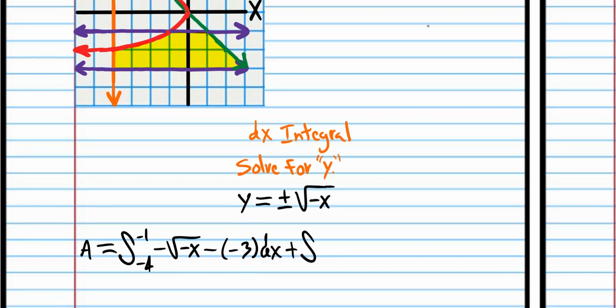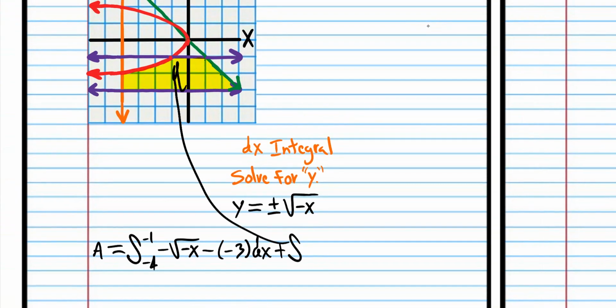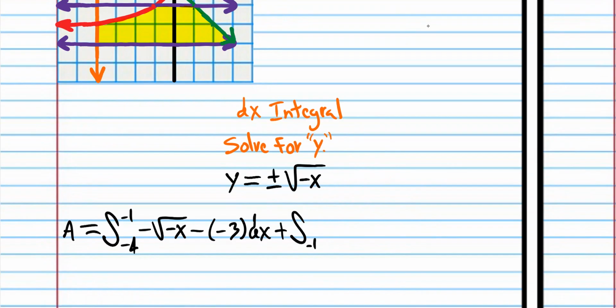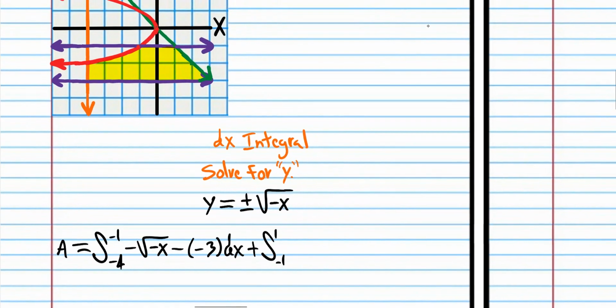So we're going to integrate in this part, and the bounds are going to be x equals -1 to x equals 1. And we're going to take the upper y value, which is -1, and subtract the lower value, which is -3.